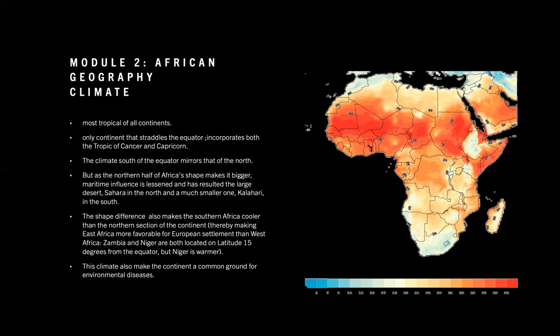But then again, it's not entirely similar to how hot it is in the Sahara. Now, as the northern half of Africa's shape makes it bigger, maritime influence is lessened. And it has resulted in the large desert Sahara in the north and a much smaller one, Kalahari, in the south.